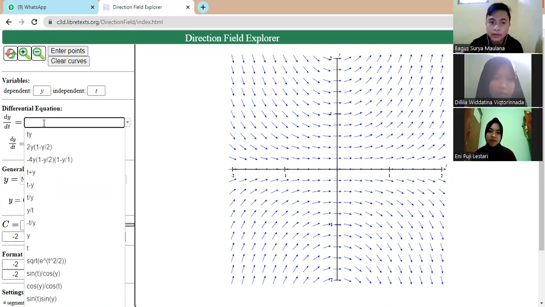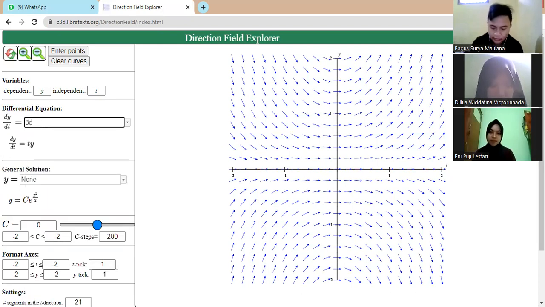We have to write it as dy over dt equals the differential equation. And then, like the problem, we write 3 cos t minus y minus yt, and then we just press enter on the keyboard.